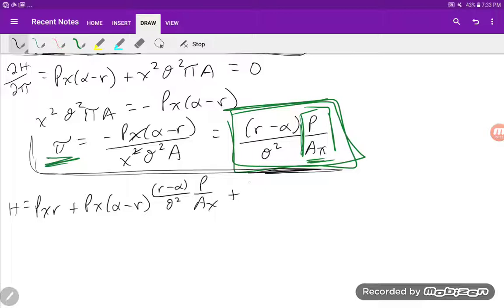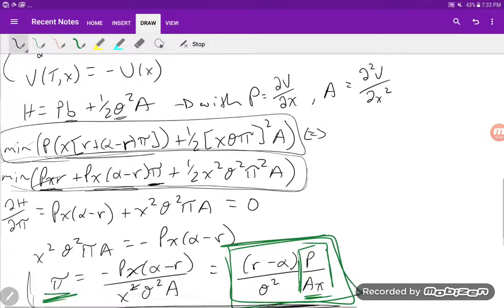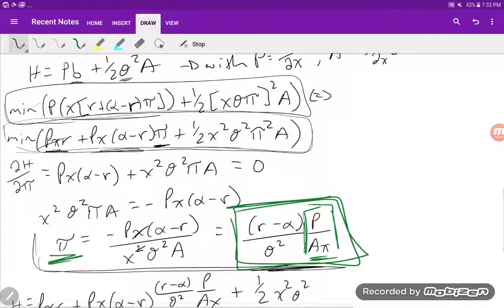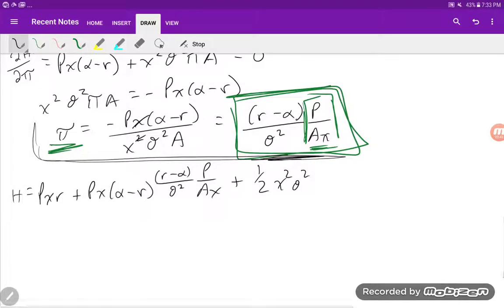And then plus, what do we have here? 1/2, yeah, x squared sigma squared, and then another pi squared this time. So let's write this as r minus alpha over sigma squared squared.